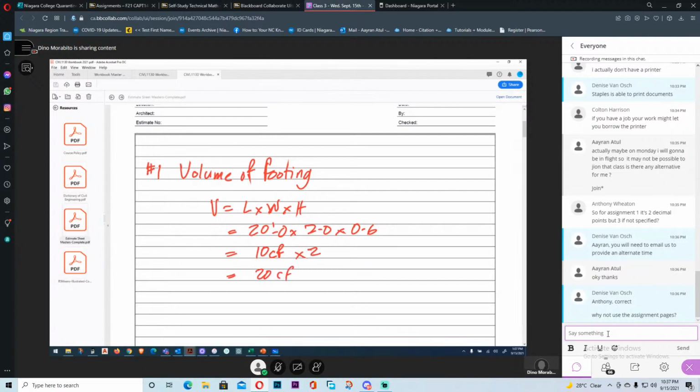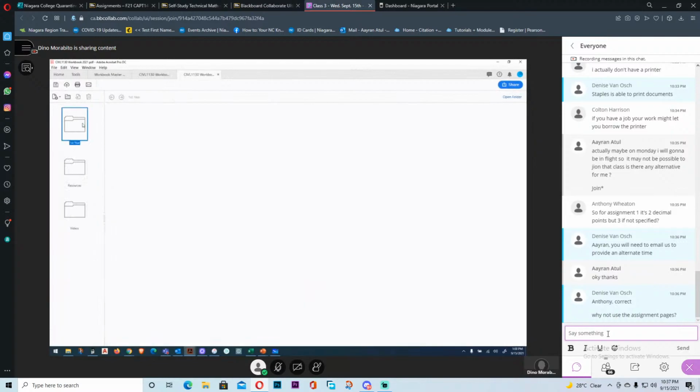So here's my 20 cubic feet. Okay, so you could write out your calculation on this page, or on the other page that I showed you. The other way to do it, and this is completely acceptable here, is for you to just, come on.